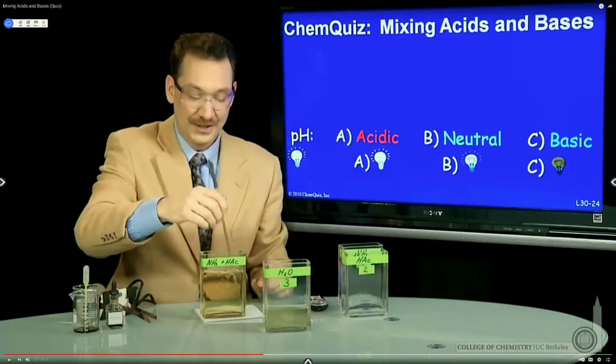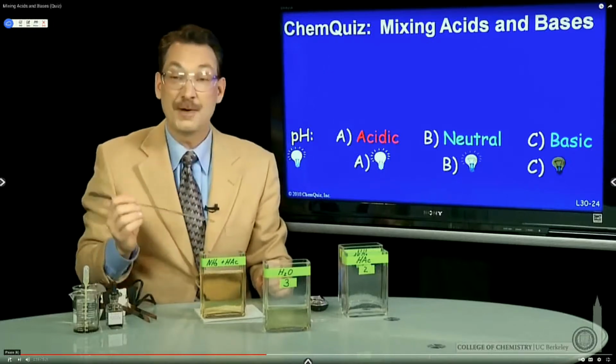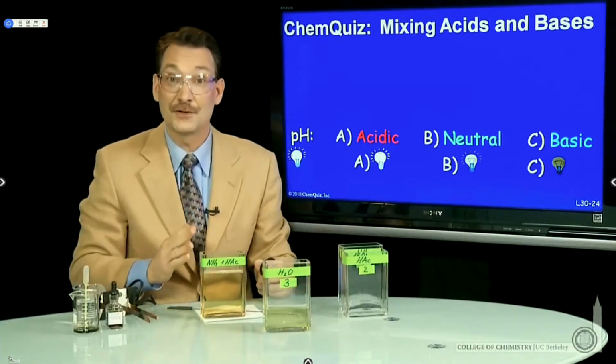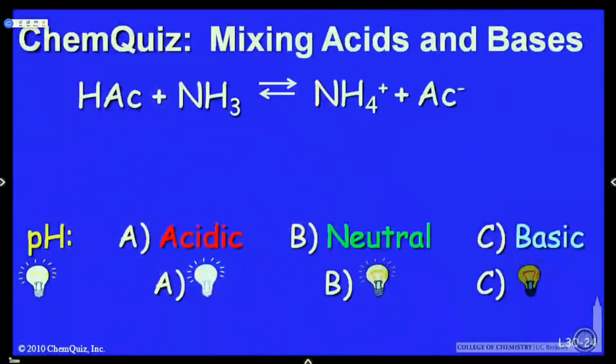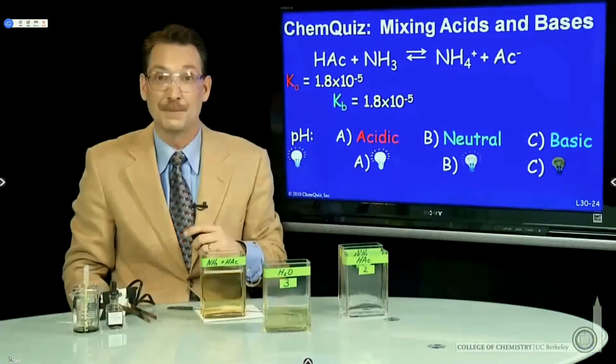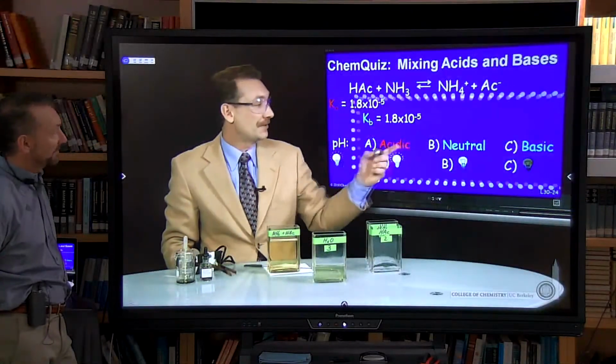So we'll begin the playback there. So the color told us it was about neutral. There's a pH indicator. The pink was acid, the bluish was base, yellowish was neutral. And we have those Ka and Kb at about the same magnitude. Okay, talk about that. Gives us about a neutral solution. Equal strength acids and bases.